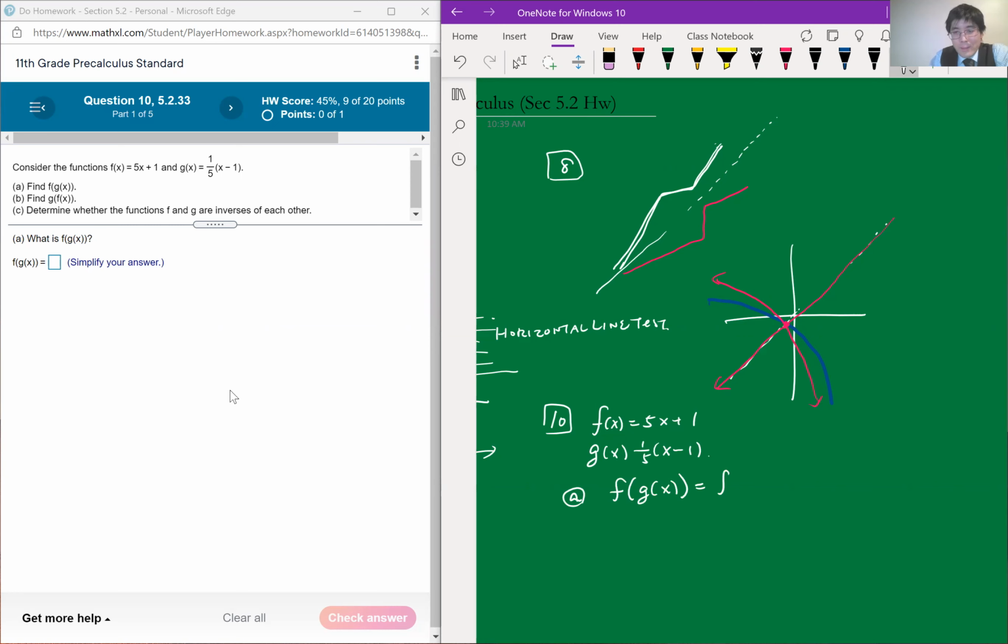That is equal to f of 1/5 x minus 1. So that's going to be 5 times the input, 1/5 x minus 1, plus 1. 5 times 1/5 cancel each other. So you're going to get x minus 1 plus 1, which will be equal to x.